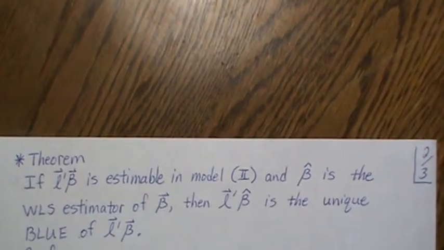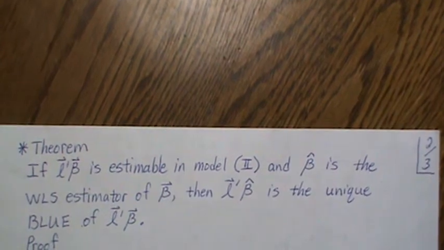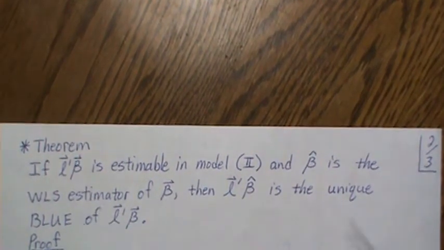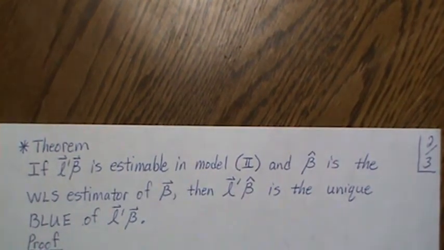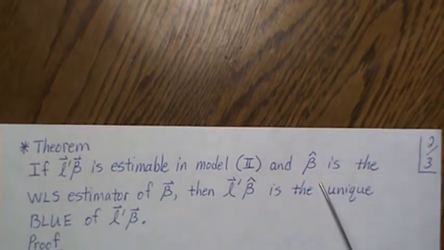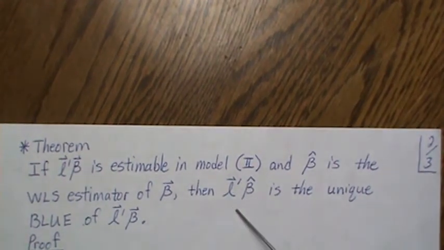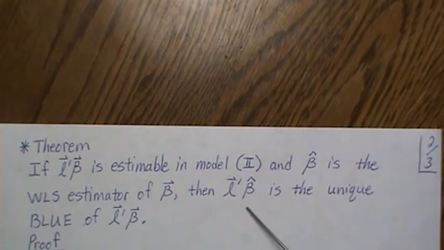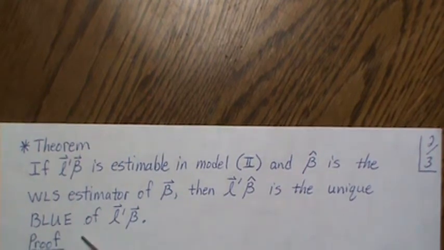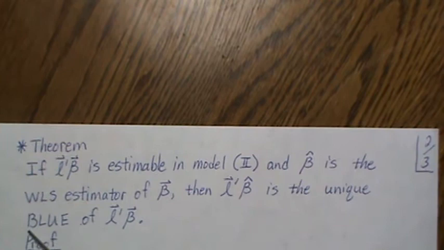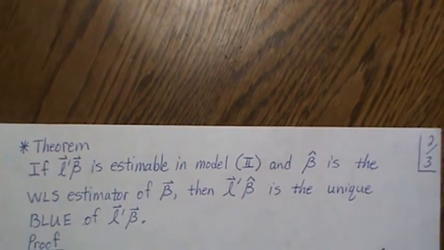So the next theorem: if this linear combination of the betas is estimable in model 2, and beta hat is the weighted least squares estimator of beta, then this linear combination of the least squares estimates is the unique BLUE of this linear combination of the true betas. BLUE is best linear unbiased estimator.